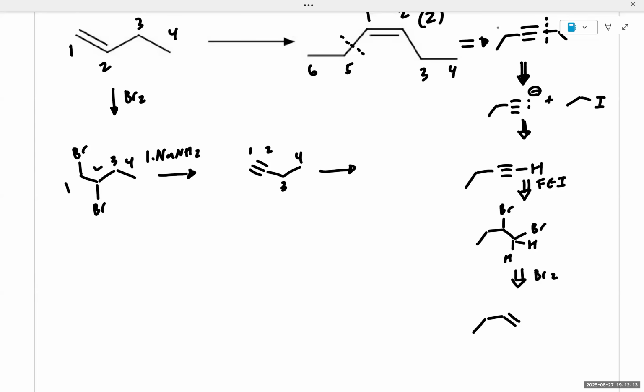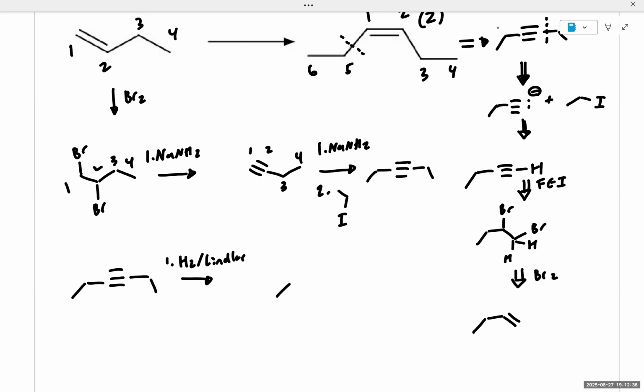From here, we can alkylate it via treatment with sodium amide, followed by ethyl iodide. That in turn generates the following. And from here, to make the Z-alkene, we do hydrogen with Lindlar's catalyst. Wonderful.